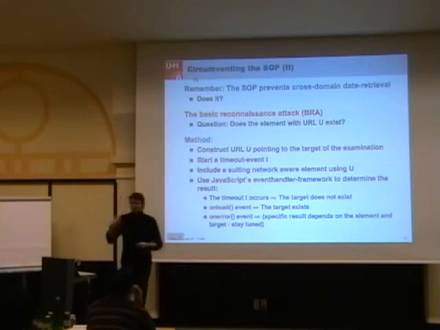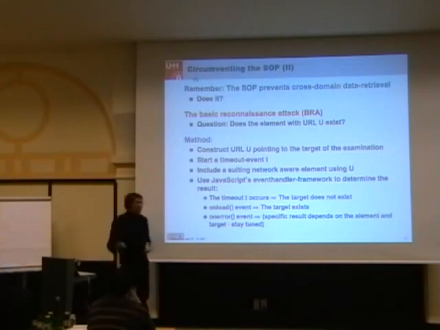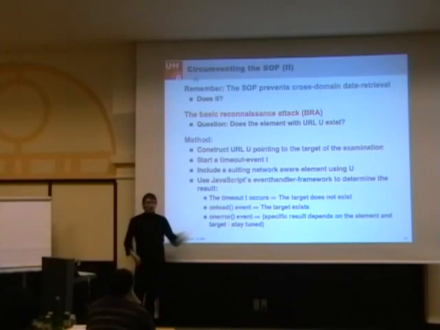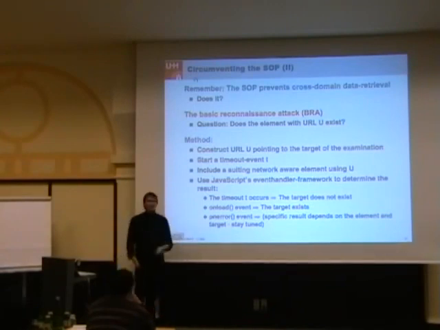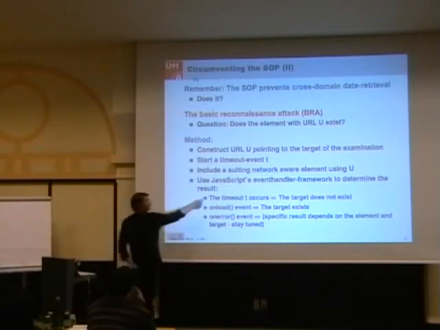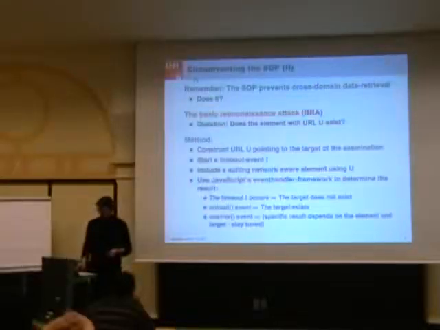So the script loads an image with the URL something, and if the URL really hosted an image, the onload event handler will trigger. If there was a server that answered with some garbage data, this is no image, therefore there will be an onerror event. If there's no server at all, the timeout event occurs, and so we know, okay, there isn't even a web server at this point.